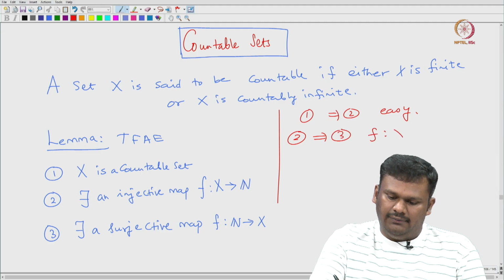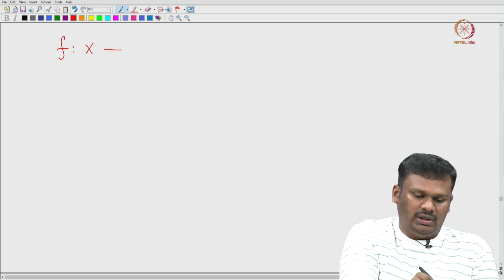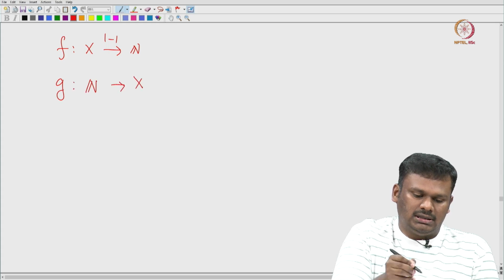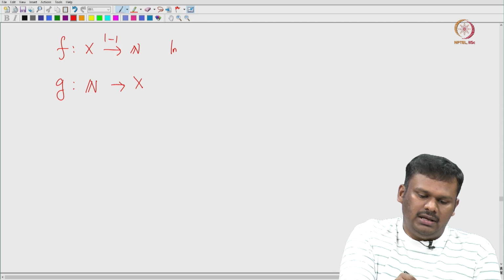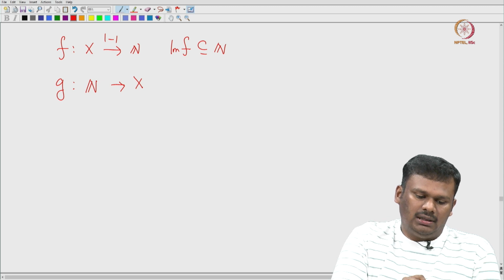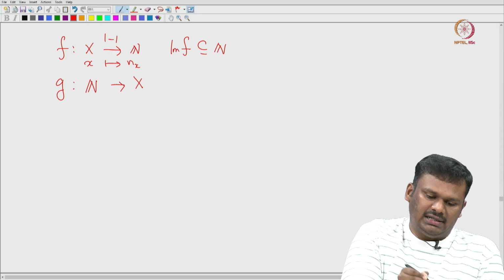Now we can define this map g from N to X. The image of f is going to be a subset of N, and for an element x that is mapped to n_x, we take that n_x and send it to x.